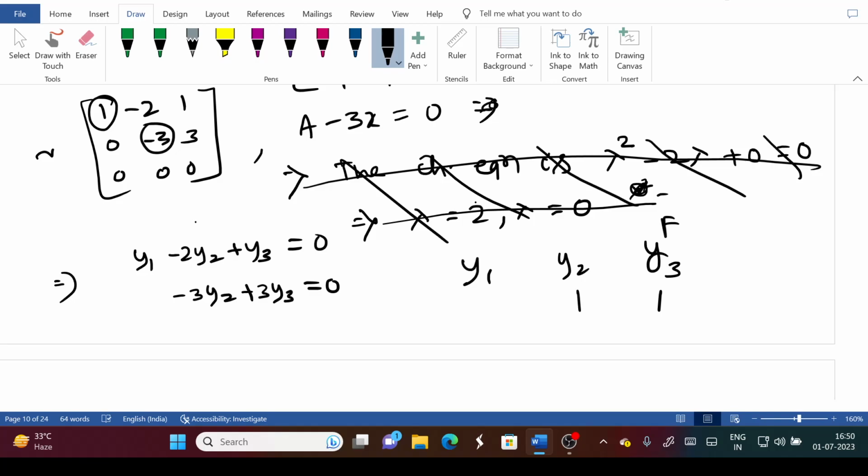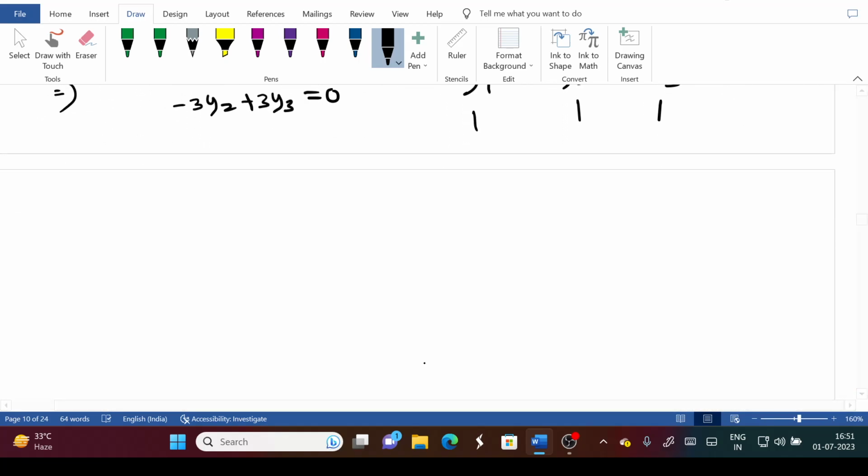Substituting, y1 is again 1. So the eigenvector y is (1, 1, 1). So we got all three linearly independent vectors.